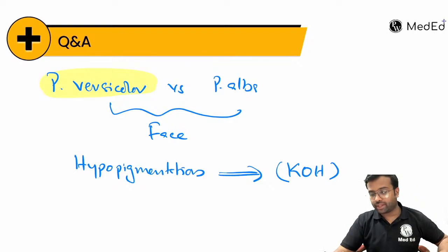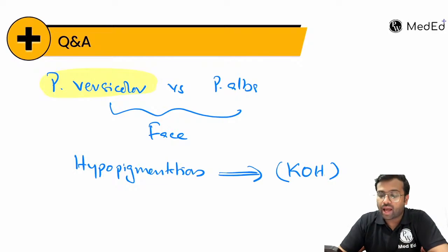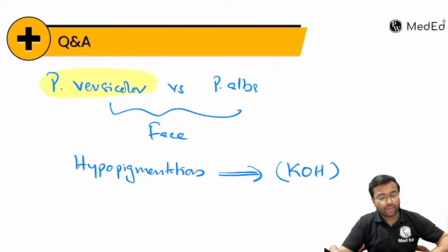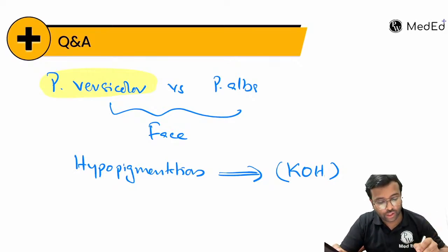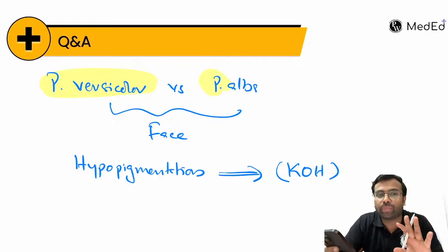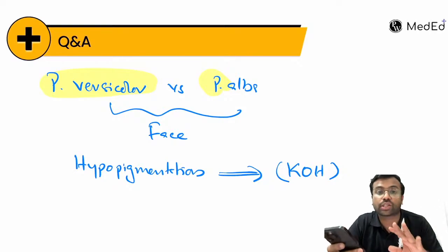Pityriasis versicolor has fine branny scales versus alba no scales? No, here I would like to correct you. Please remember the name pityriasis. Pityriasis itself means scaling. So please don't write that pityriasis alba does not have scaling.